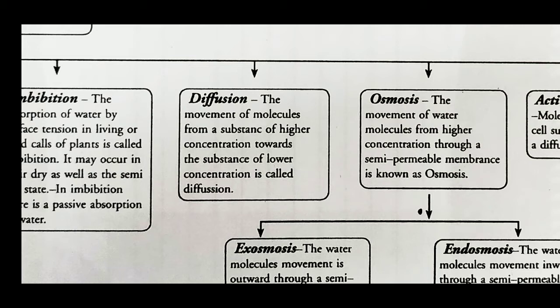So it is the movement of molecules where they are present in large quantities, and they travel to the spaces where they are absent. Like I gave you an example about perfume.